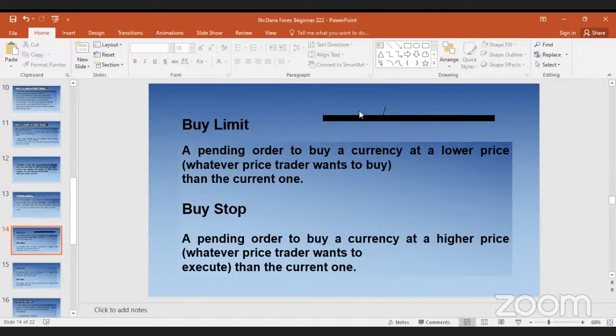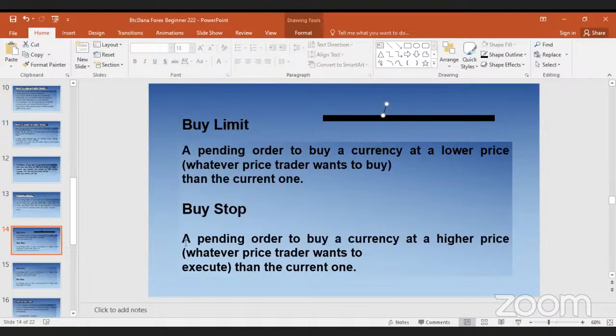You know, in buy limit, I said when the market goes a little bit up, then comes back into our price, which is the one below, before it starts to buy again. While the buy stop is for a market that is already in an uptrend. Then you want to set a buy stop at a particular point. You want the market to get to that point and continue to go up.